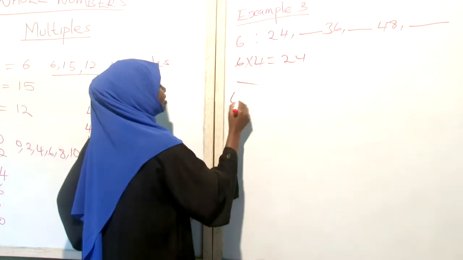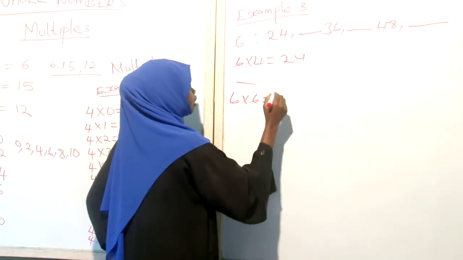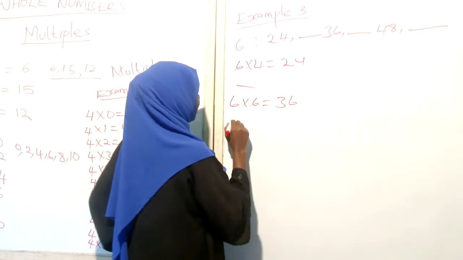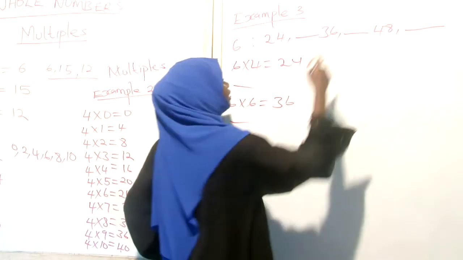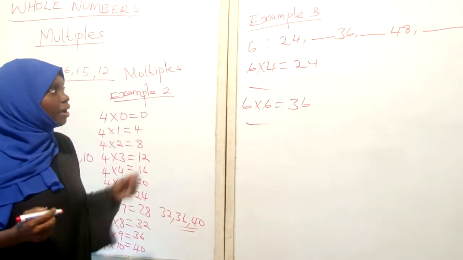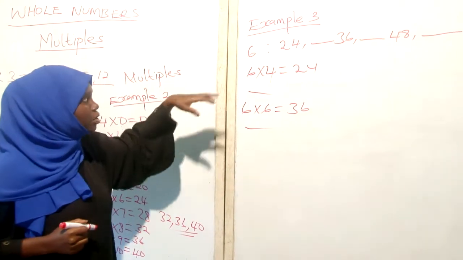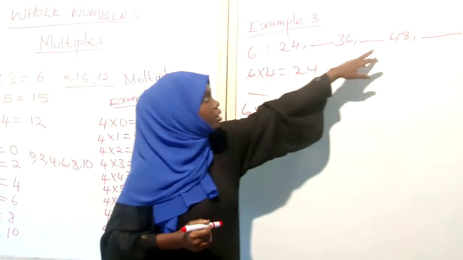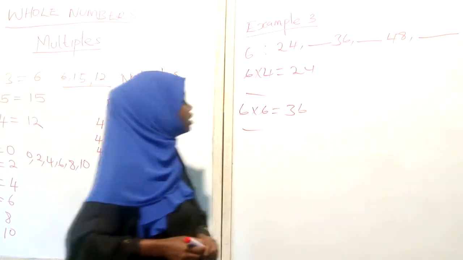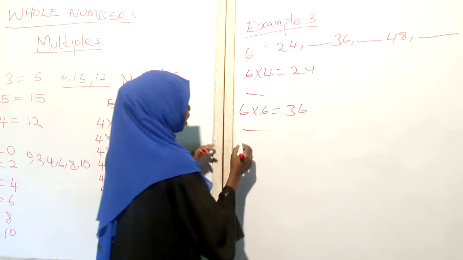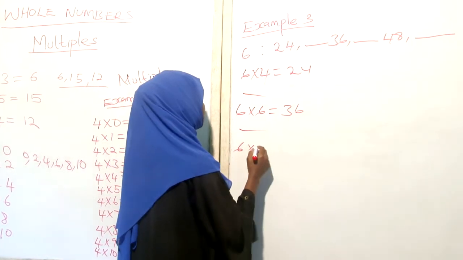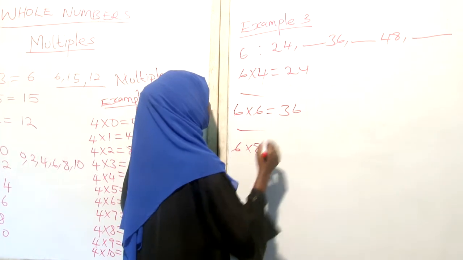So it is 6 times 6 to get 36. And here we don't know. And then the next step, we are also going to ask ourselves, which number have we multiplied with 6 so that we came up with the 48? That is 6 times 8.